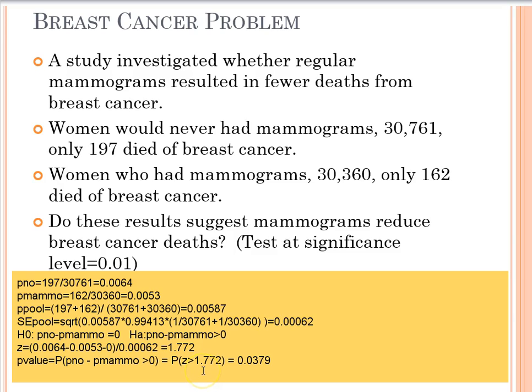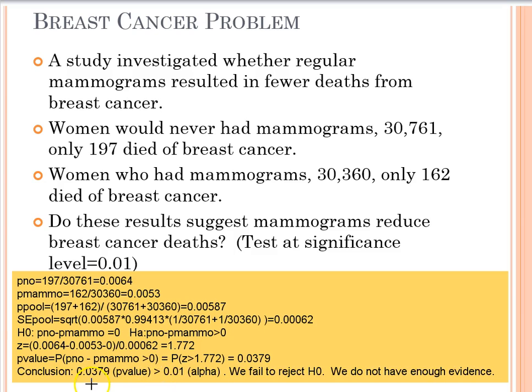We can then use our z-tables to find this probability. Remember, the z-tables give you everything that's below, so you'll have to do 1 minus what you find in the z-table, and that's going to be 0.0379. With this p-value, we can see that it's greater than our alpha level, and our conclusion in this instance is that we again failed to reject that null hypothesis.